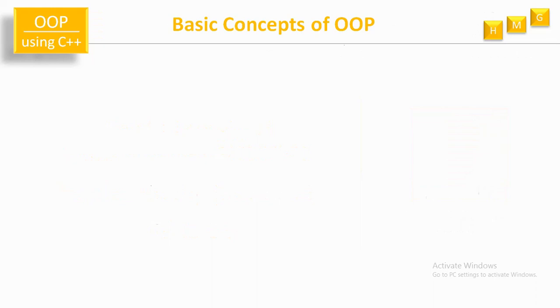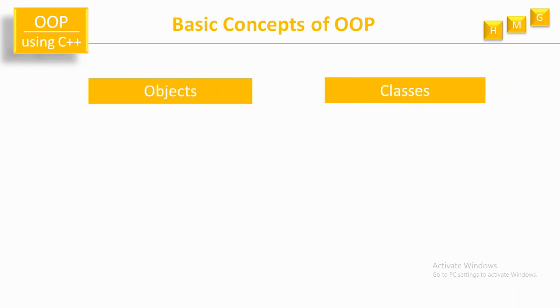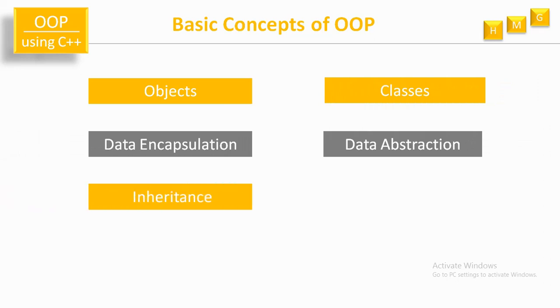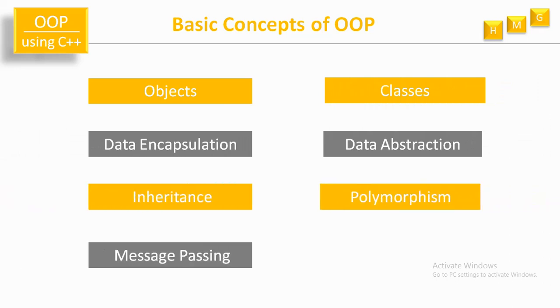In this video, we are going to learn the various concepts of object-oriented programming. Let us see one by one. First is objects, then classes, data encapsulation, data abstraction, inheritance, polymorphism, message passing, and dynamic binding.